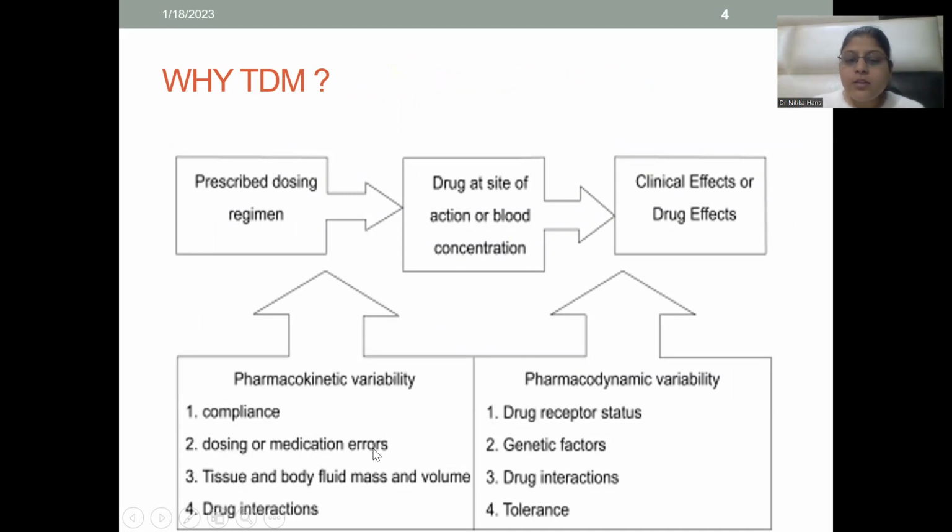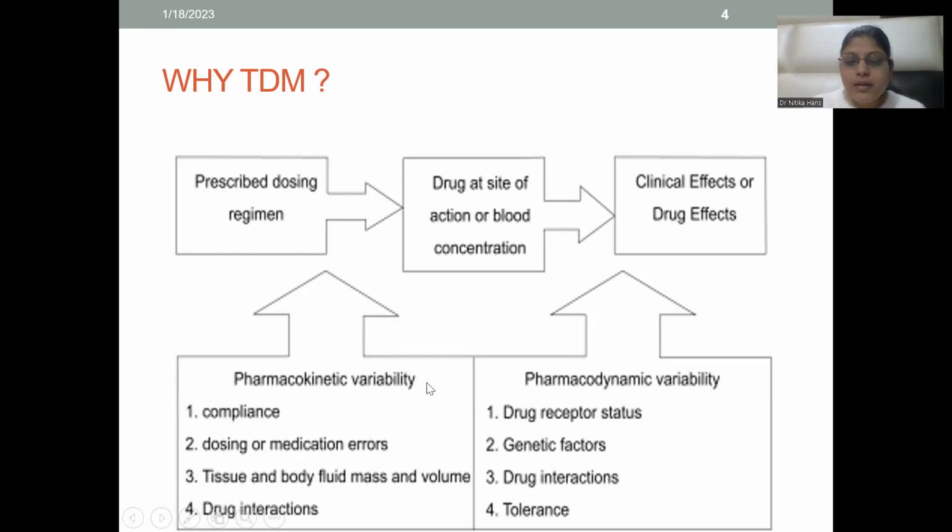In medication errors, like underdosage or overdosage, we do therapeutic drug monitoring. To know the tissue and body fluid mass and volume, we do therapeutic drug monitoring. There are also various pharmacokinetic drug interactions related to absorption, distribution, metabolism, and excretion. To know those drug interactions, desirable and undesirable, we need to do therapeutic drug monitoring.